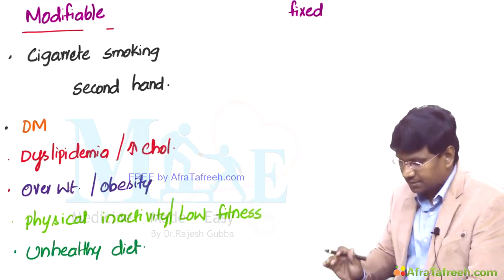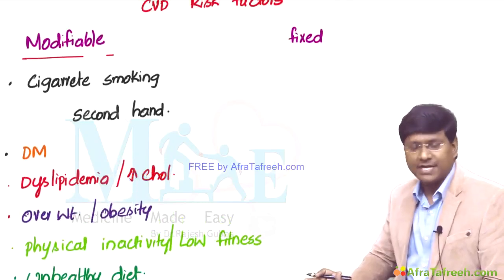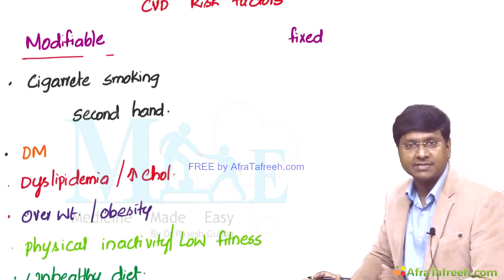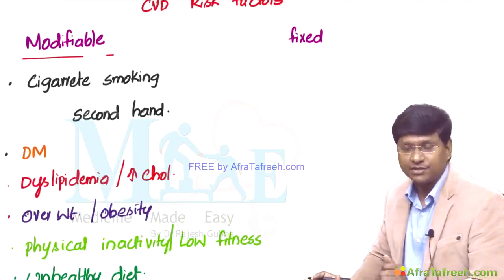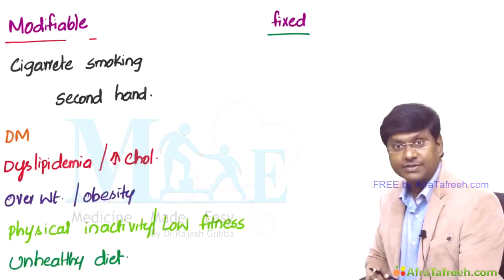So these are all the modifiable risk factors associated with cardiovascular disease, and if you can modify them, you can, to a certain extent, manage the increased blood pressure in the individual. Next, let me tell you what are the fixed risk factors.